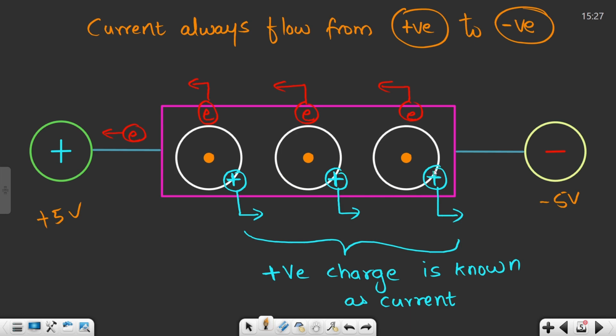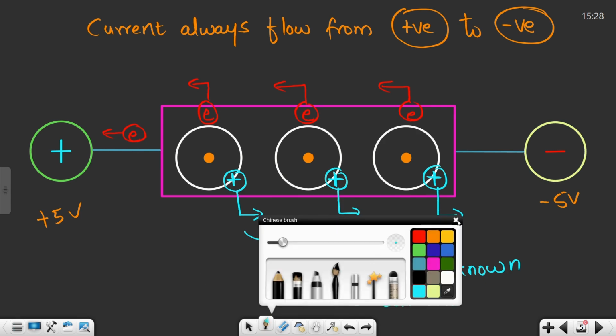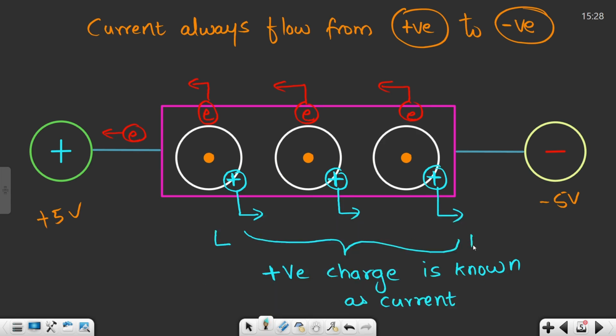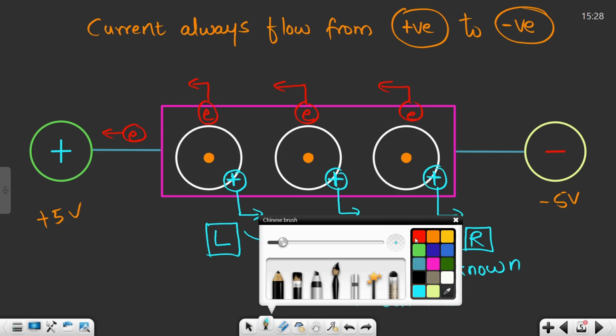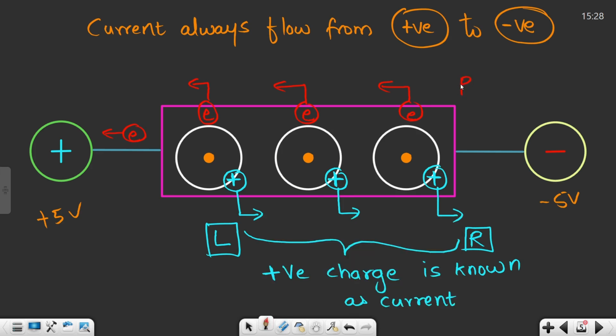So to us this positive atom looks as if a positive charge is moving from left to right, but no, there isn't any such concept of a moving positive charge. In reality it is the electron which moves from right to left, due to which the positivity of the atom is being generated. I hope you understand this entire scenario.